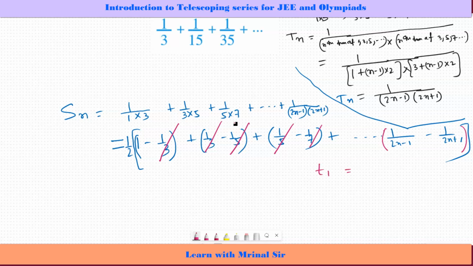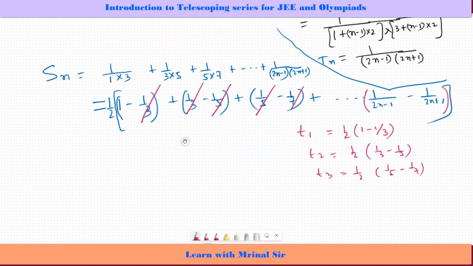T1 you write half into 1 minus 1/3. T2 you write half into 1/3 minus 1/5. T3 is half into 1/5 minus 1/7, and then you write Tn. Tn will be half into 1/2n minus 1 minus 1/2n plus 1.